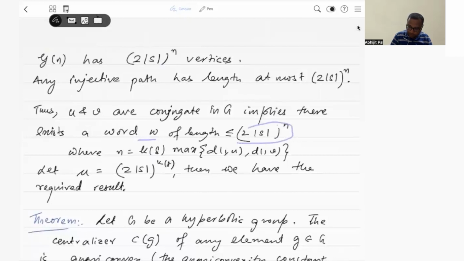And if I take mu to be equal to 2 times the cardinality of S to the power k delta, then we have the required result.